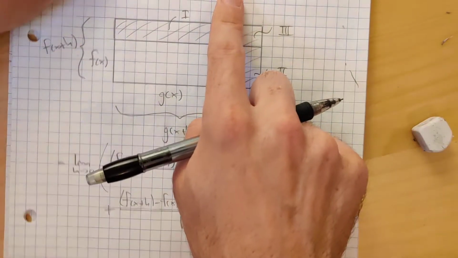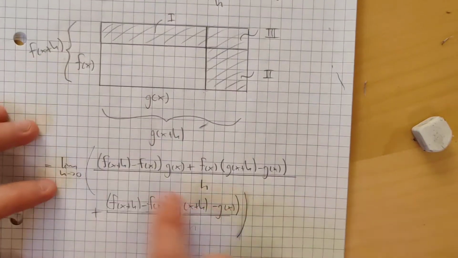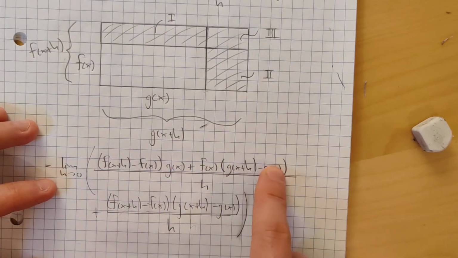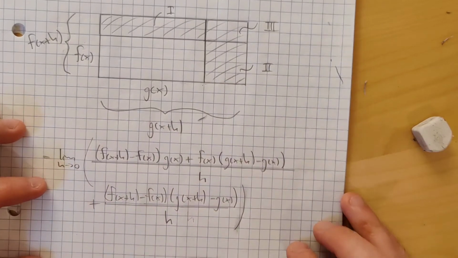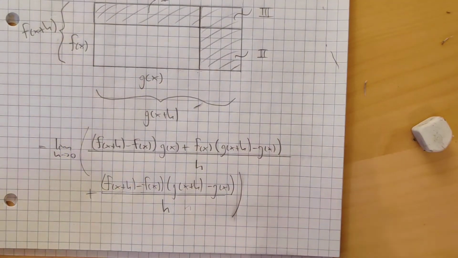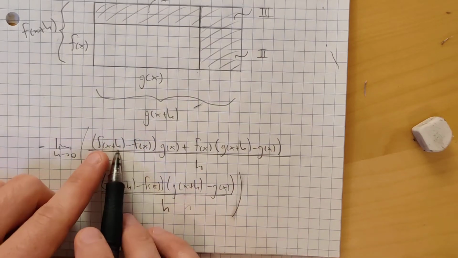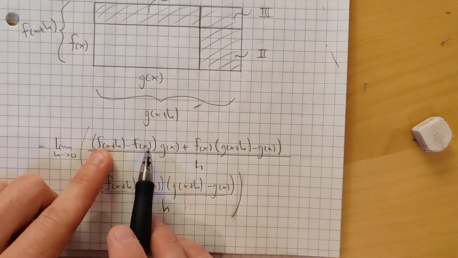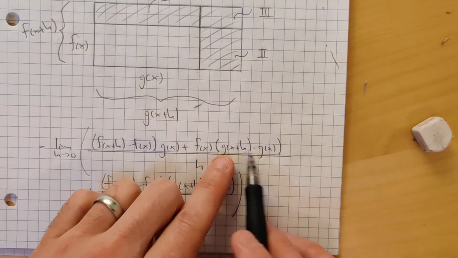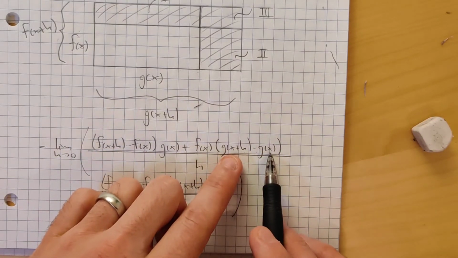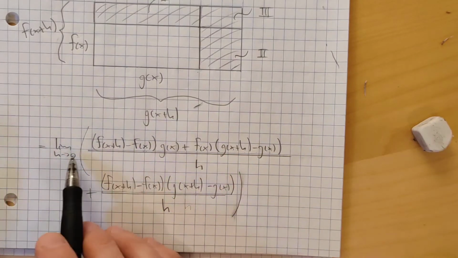But the point is this numerator here, I rewrote it as the sum of these 3 areas, which is this plus this. That's area 1, area 2, and finally area 3. Okay. So now you can see the f of x plus h minus f of x next to each other. That's nice because that looks just like the derivative of f. And over here the g of x plus h minus g of x next to each other. That looks like the derivative of g. And so we're going to split this limit up into the limit of these 3 pieces.